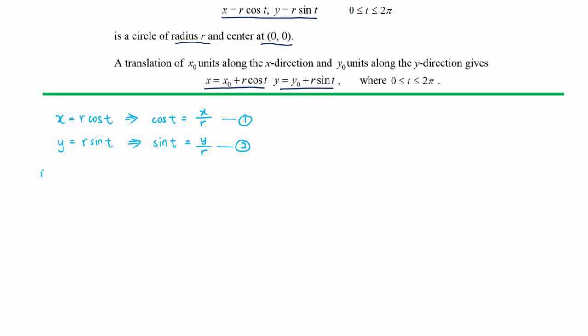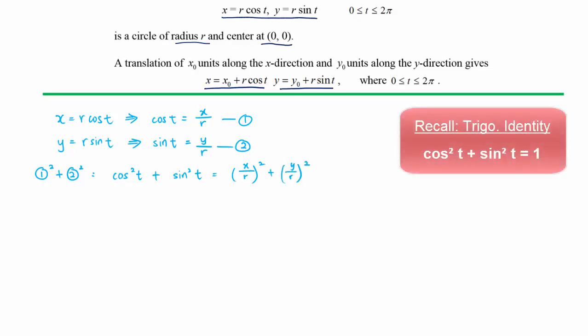If we do this operation, you would see that we get cosine squared t plus sine squared t to be equal to (x over r) squared plus (y over r) squared. Cosine squared t plus sine squared t is actually equal to 1.